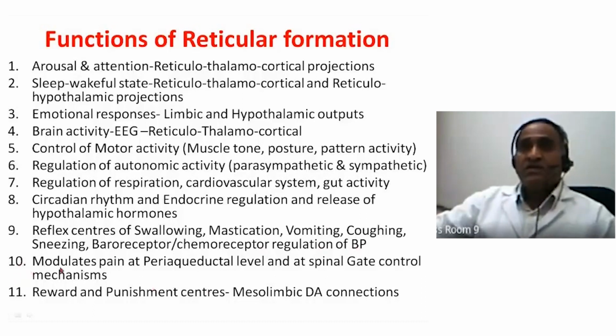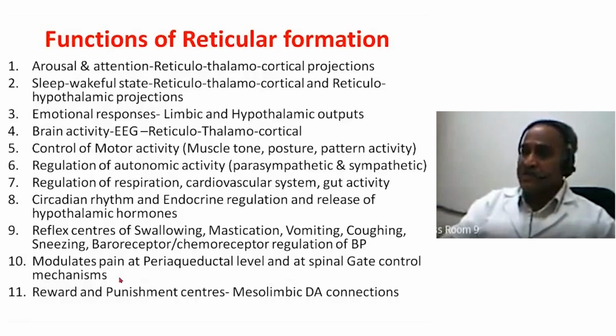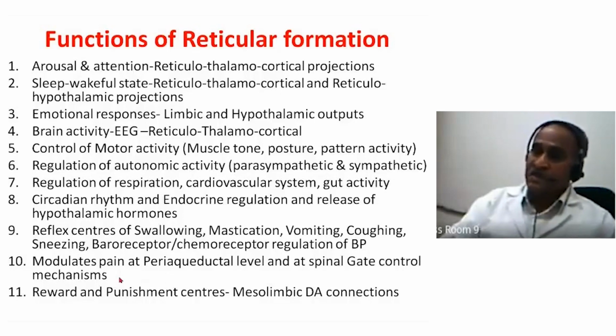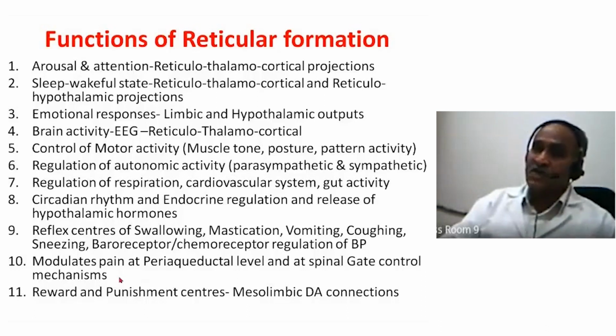Number 10, reticular system modulates the pain at two levels. One, at the periaqueductal level, where it releases the endogenous opiates and prevents the transmission of the impulses to higher up.